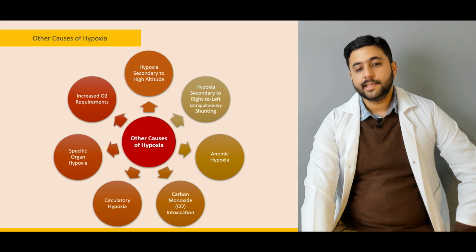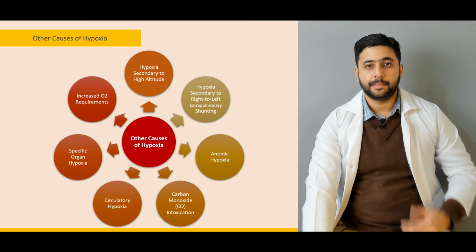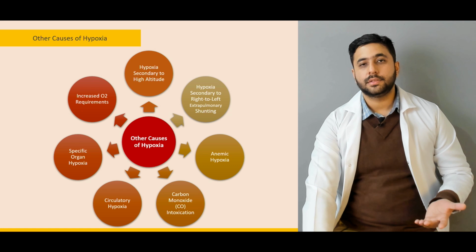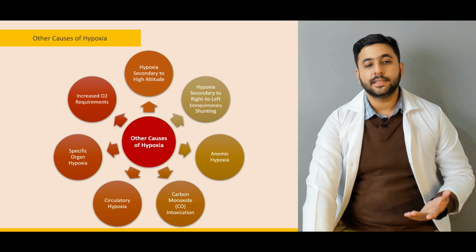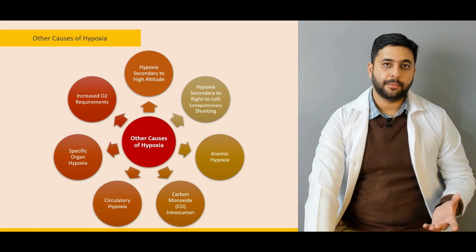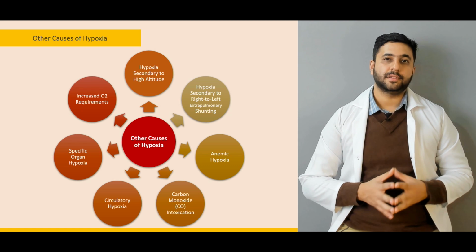And in certain conditions, when we have an increased oxygen requirement, for example, if someone is exercising, or in a pregnant lady, there is an increased oxygen requirement because of the development of the fetus. So in these conditions, these people are very prone to hypoxia, and it is very important that all the players of the cardiorespiratory system are intact.